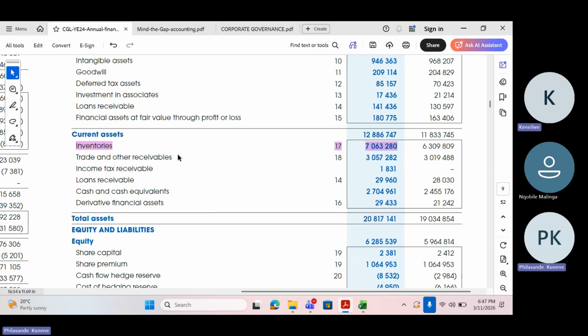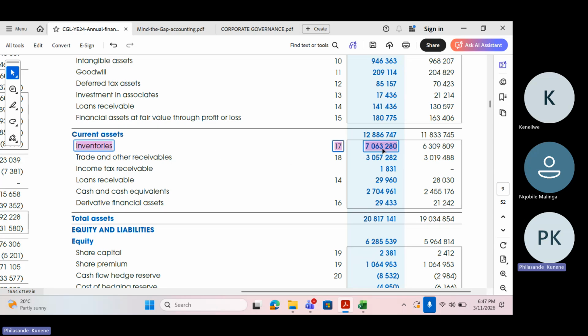And which amount do we believe is correct between the two? The physical stock taking. Exactly, which means this amount should agree to the physical stock taking. So we need to go and check the records of the physical stock taking, to see how much stock you had on the day you were counting your stock at the end of the year, and agree that amount with this one. Then I will be happy that this one is correct. Am I right on that? Yeah.